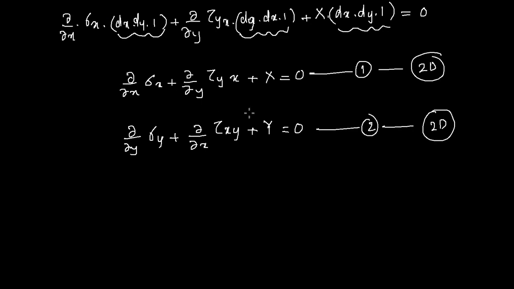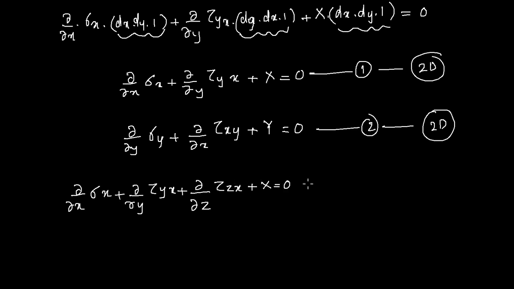So following the previous assumptions, we can write for 3 dimensions that ∂ by ∂x of sigma x plus ∂ by ∂y of tau yx plus ∂ by ∂z of tau zx plus x is equal to 0, and that's equation 1, which is for force equilibrium in the x direction.